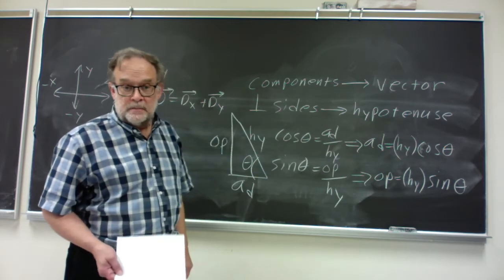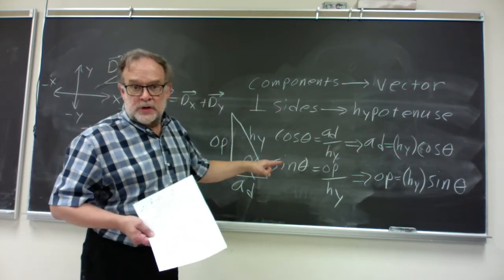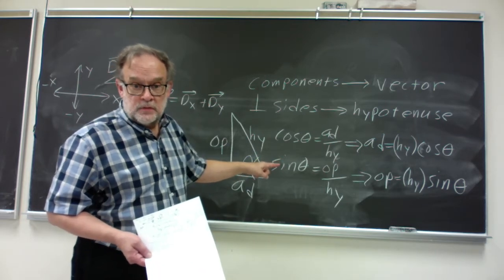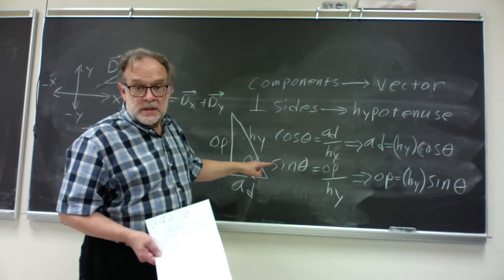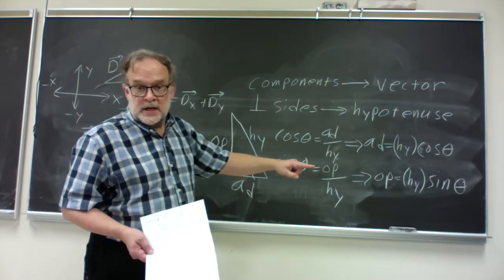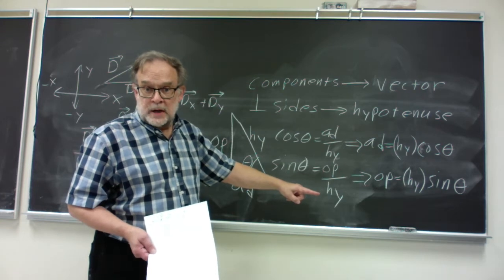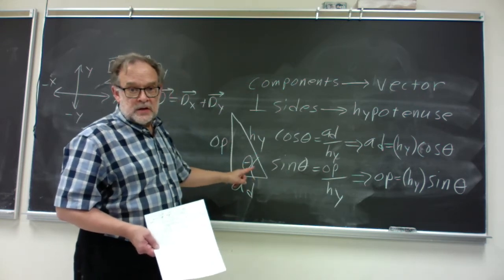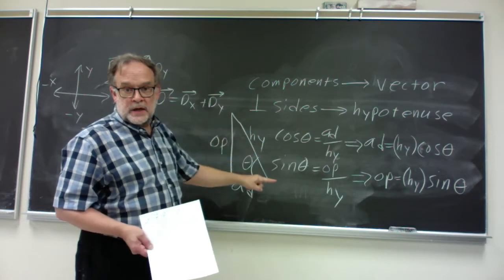And similarly, when we define the trigonometric function sine in terms of lengths in a triangle, sine is defined as the length of the side opposite divided by the length of the hypotenuse. Sine of this angle is equal to the length of this side divided by the length of the hypotenuse.